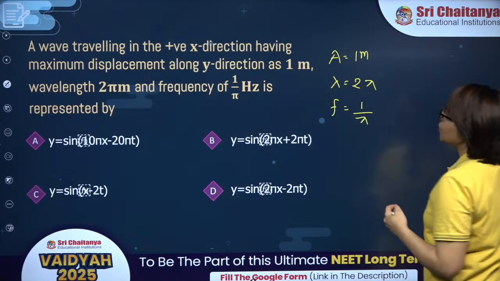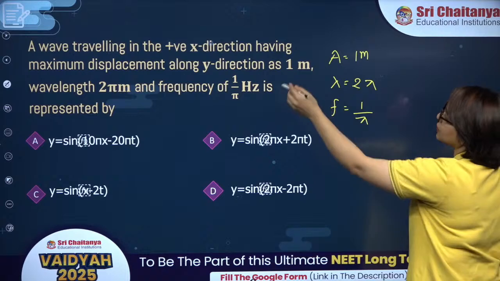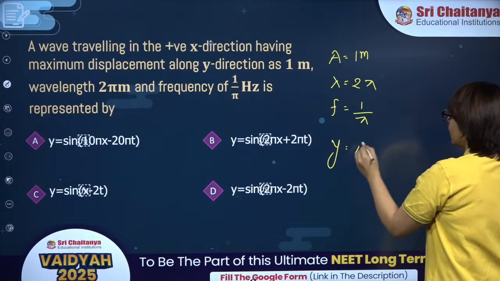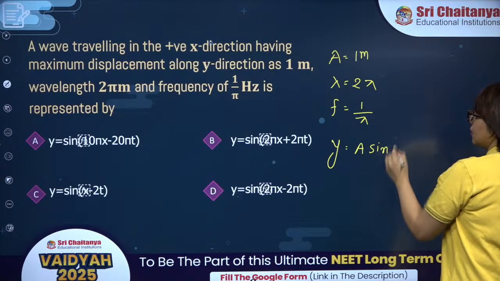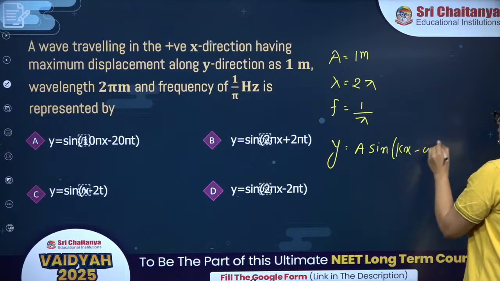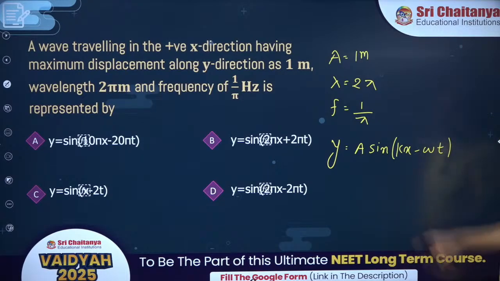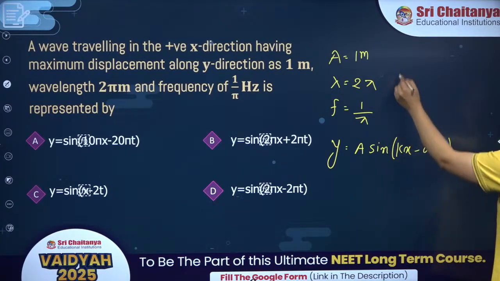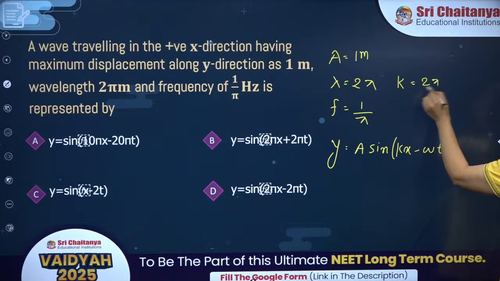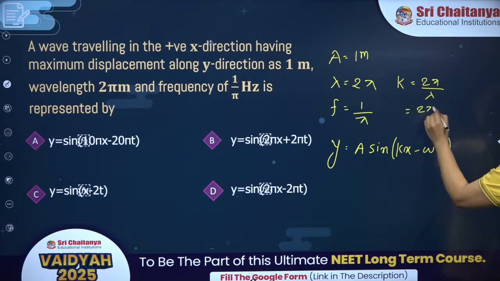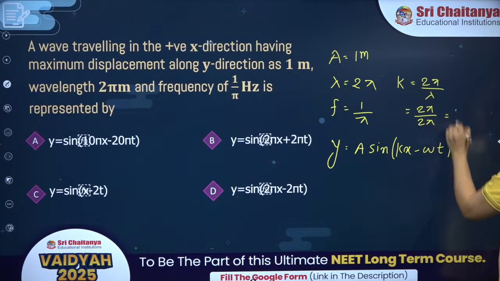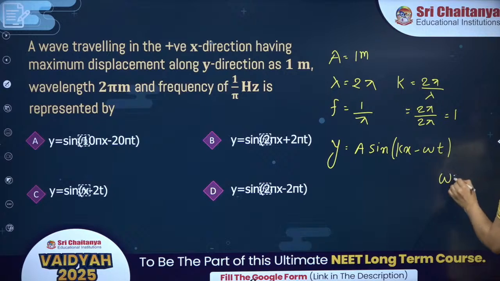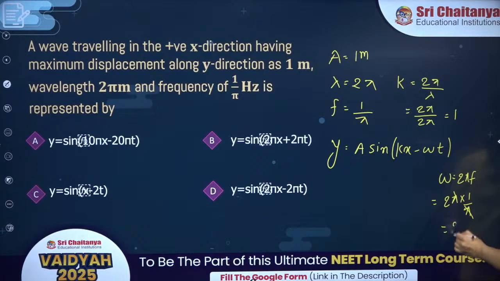How do we write the equation of a traveling wave traveling in positive x direction? Y is equal to A sine kx minus omega t. Amplitude is given as 1, k is 2 pi by lambda, which is 2 pi by 2 pi, so it is 1, and omega is 2 pi into frequency, so it is 2 pi into 1 by pi, which is 2.